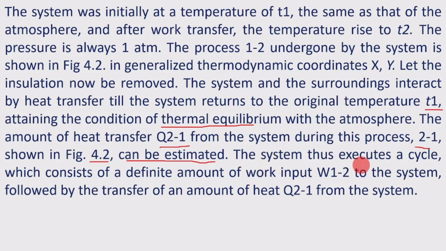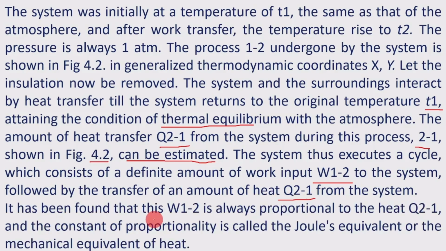The system thus executes a cycle, 1 to 2 and 2 to 1. Thus there is a complete cycle. Therefore, the system executes a cycle which consists of a definite amount of work input W1-2 to the system, followed by the heat transfer of an amount of heat Q2-1 from the system.